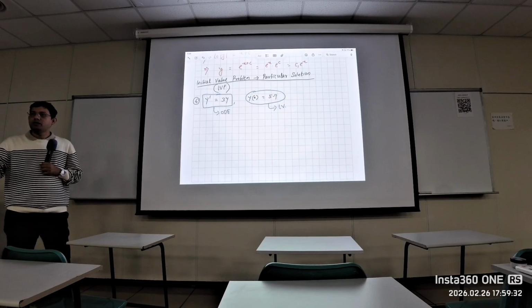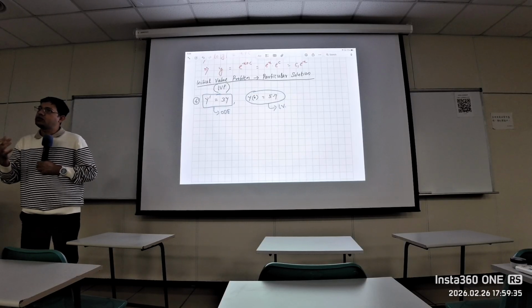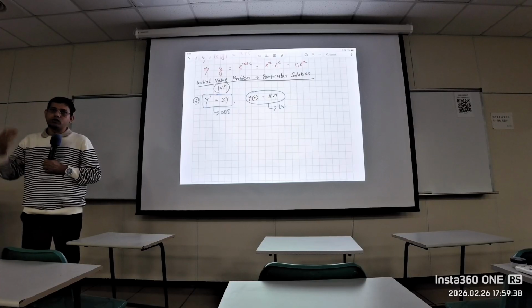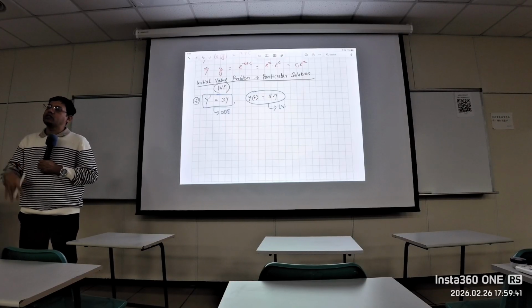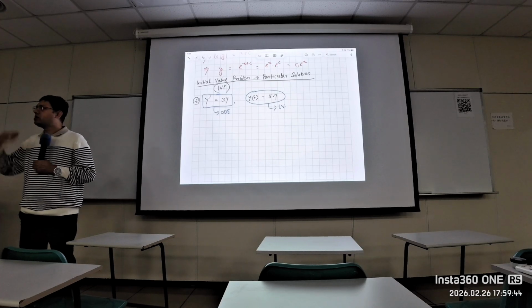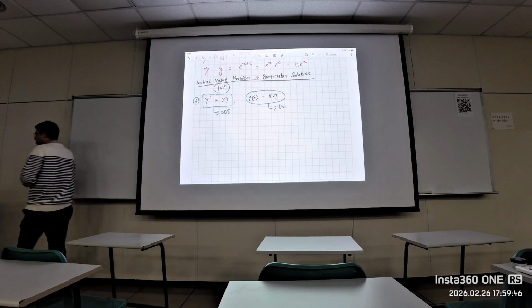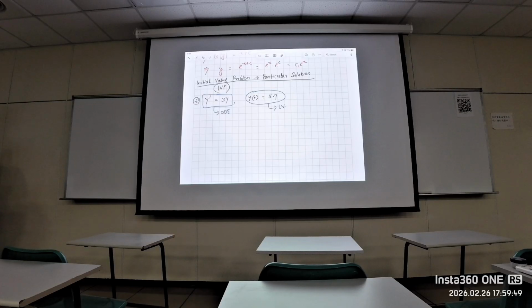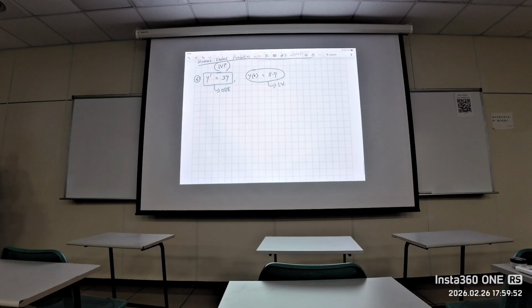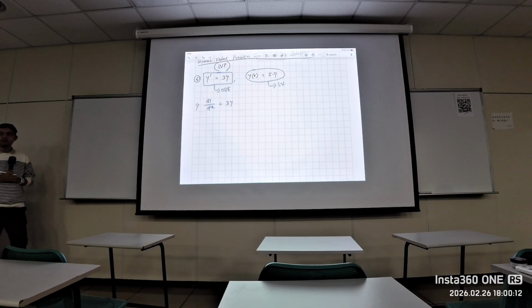Before getting the particular solution, first we need to find the general solution. After getting the generic solution, we need to find the particular solution, right? To find the general solution, what is the first step? Solve the ODE. So y dash is equal to 3y, that means dy by dx is equal to 3y, right?